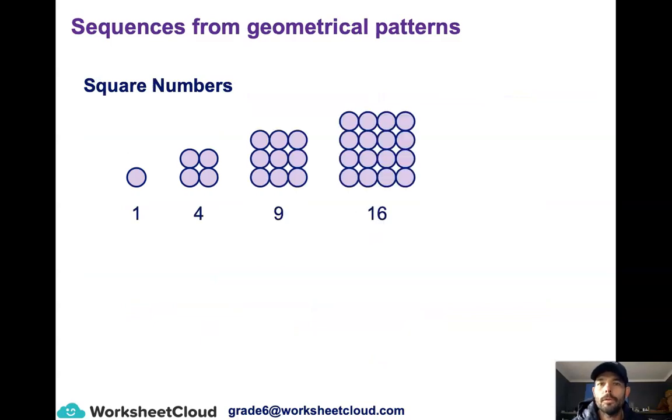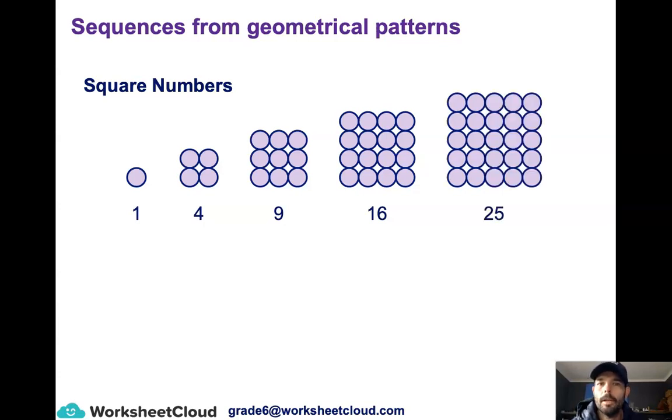We can also use it for square numbers, okay, so there you can see how each shape grows each time and how the numbers increase each time, and quite often having a visual representation of a sequence makes it a lot easier to understand, okay.